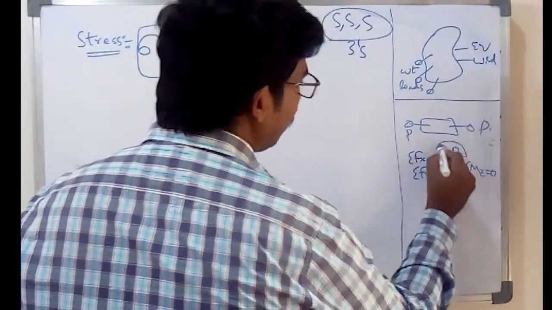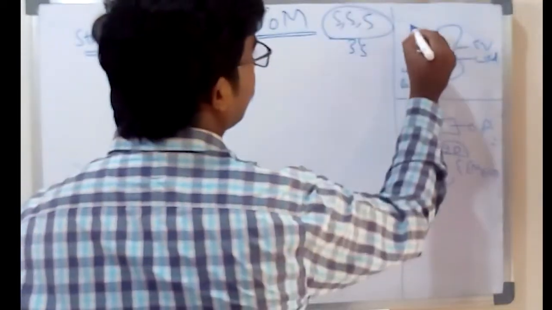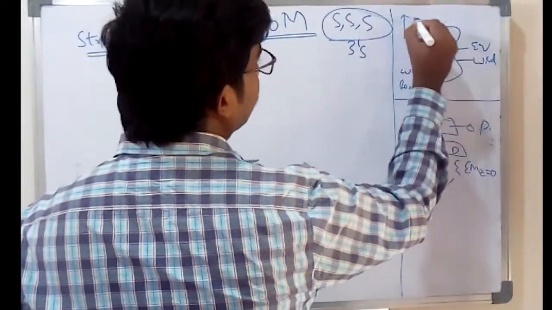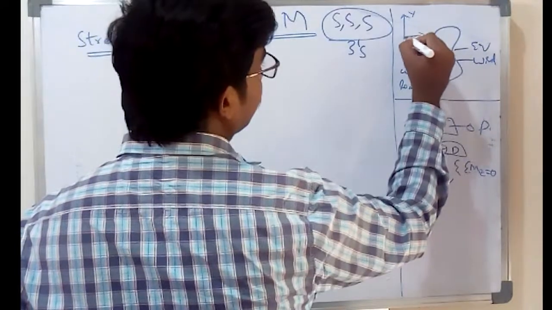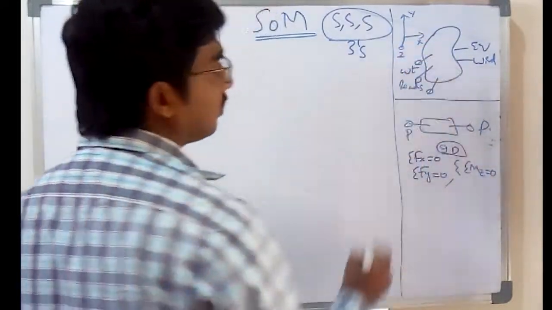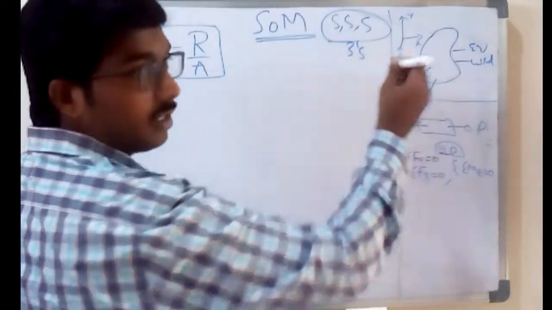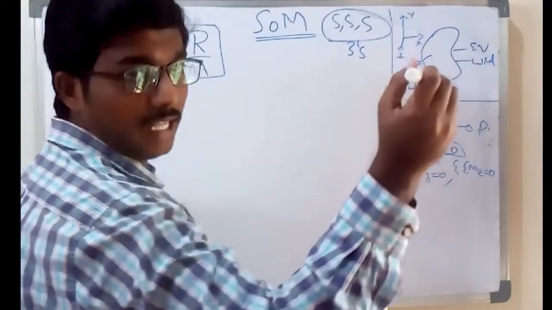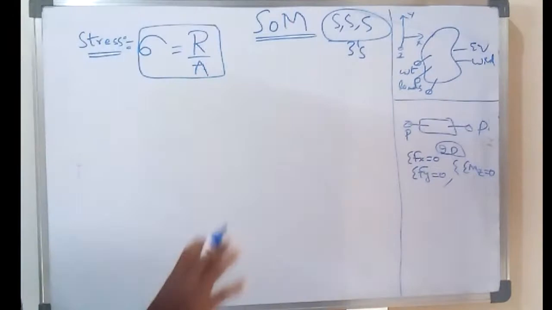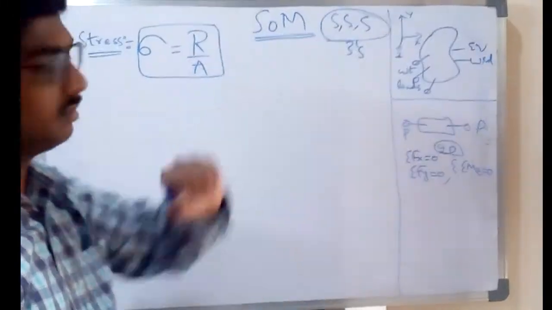For 2D or 3D, you can see here the x-axis, y-axis, and z-axis. The z-axis is facing you; that is the third dimension.